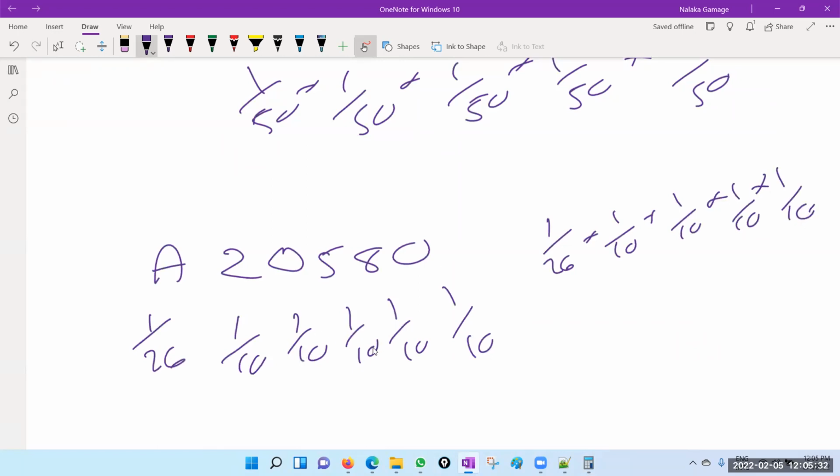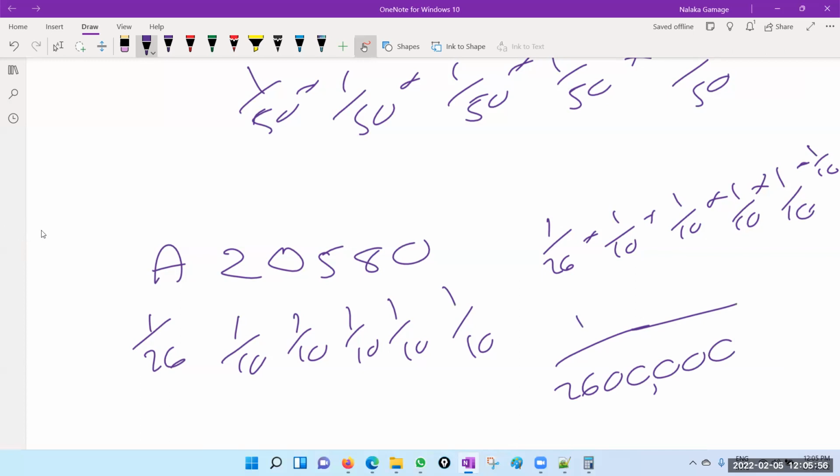So that is 1 over 26, 1 2 3 4 5. It depends. So 1 in every 2.6 million will get the first prize.